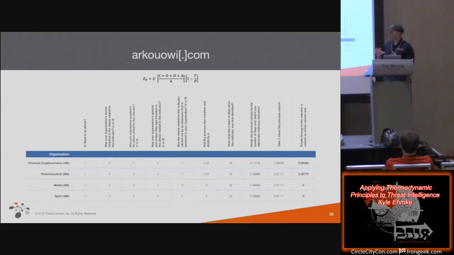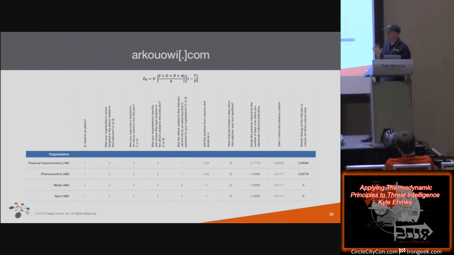So let's measure these different indicators for their kinetic and potential energies based on those organizations that I mentioned earlier. And this is very tough to see. My apologies for that. But each of these columns represents a variable within our equation.